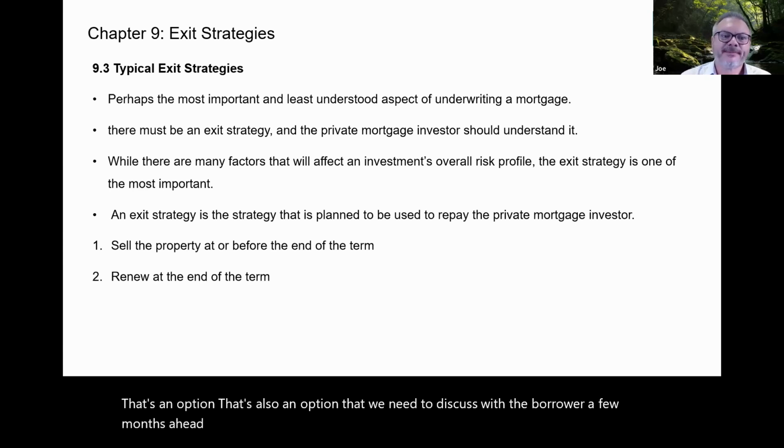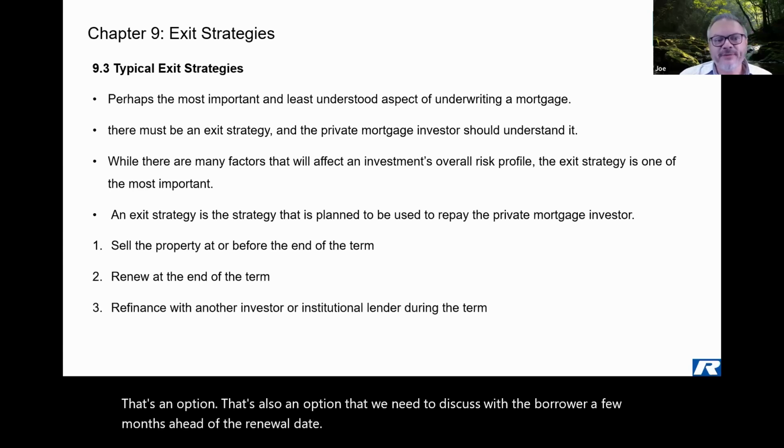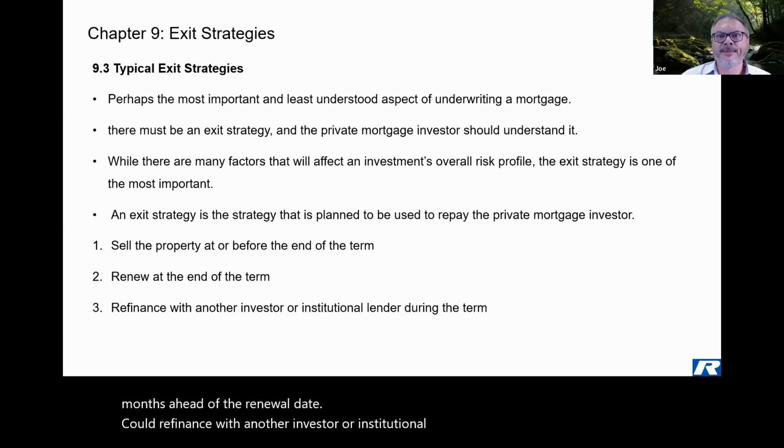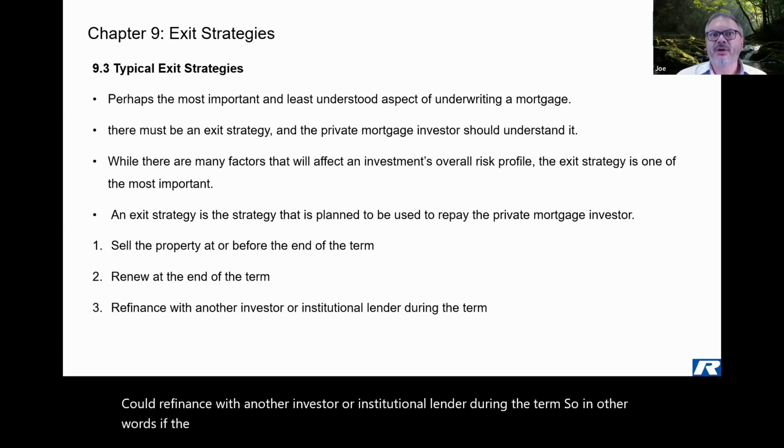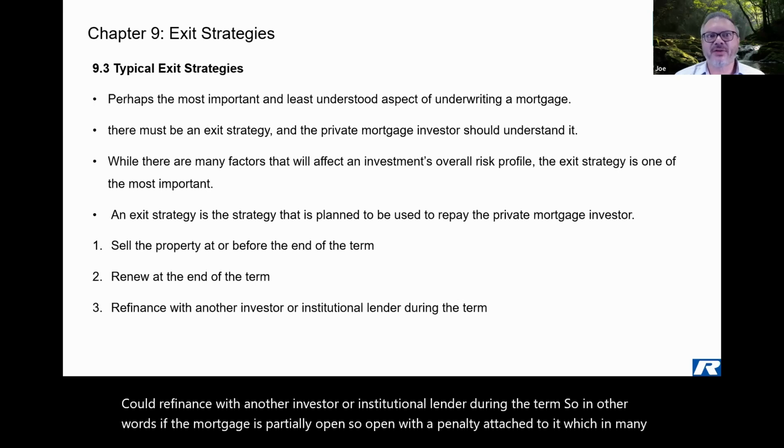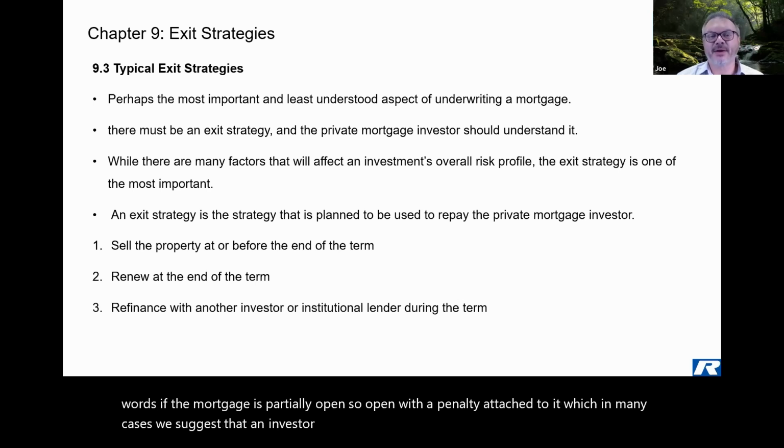Could refinance with another investor or institutional lender during the term. So in other words, if the mortgage is partially open, so open with a penalty attached to it, which in many cases we suggest that an investor lender uses that approach, have it partially open, but there's a penalty.